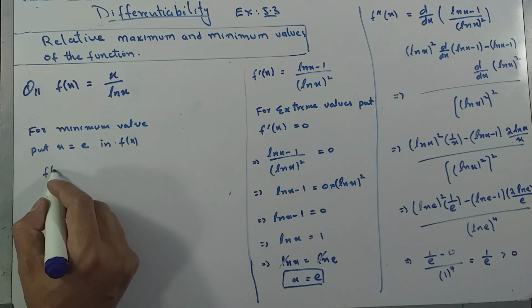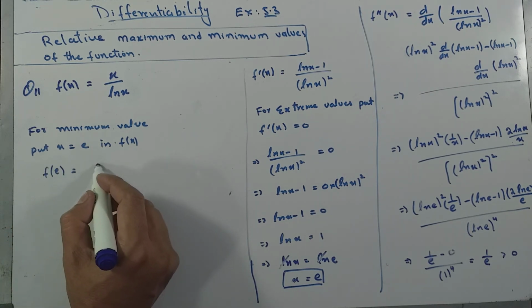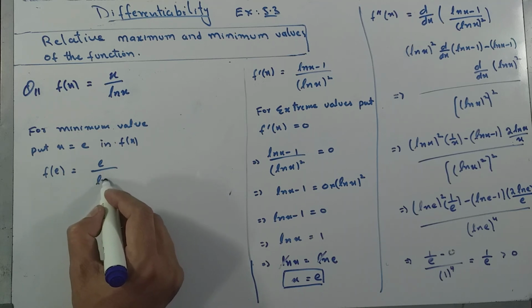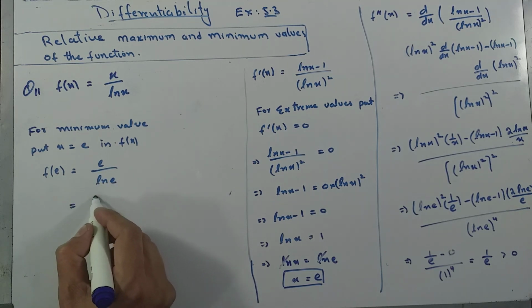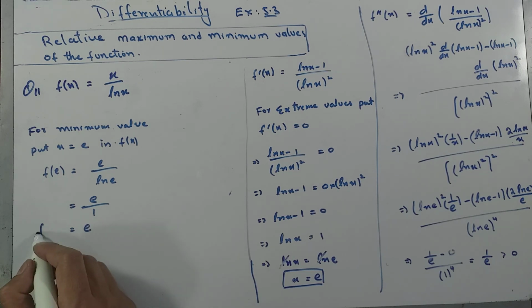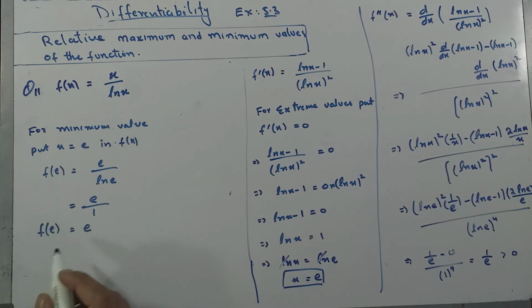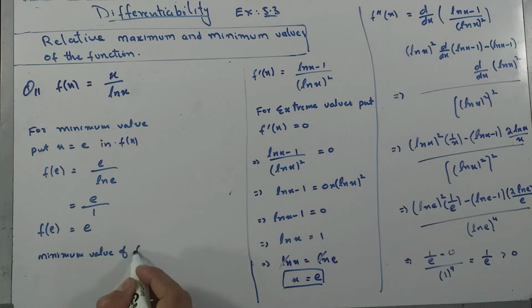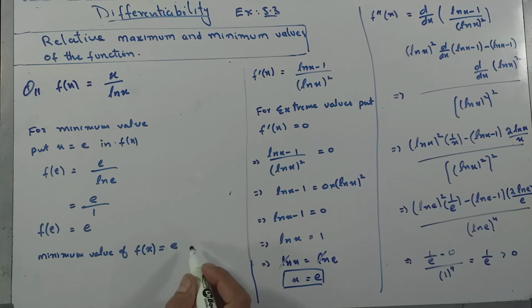So f of e is equal to e upon ln e. So ln e is equal to 1, so f of e is equal to e. So the minimum value of f of x is e. This is the final answer.